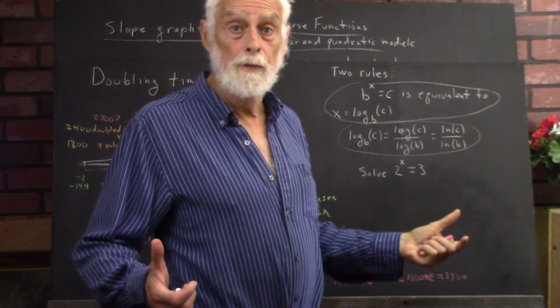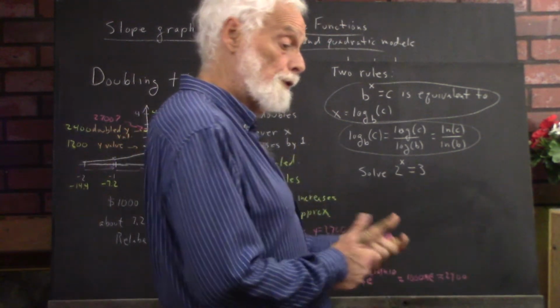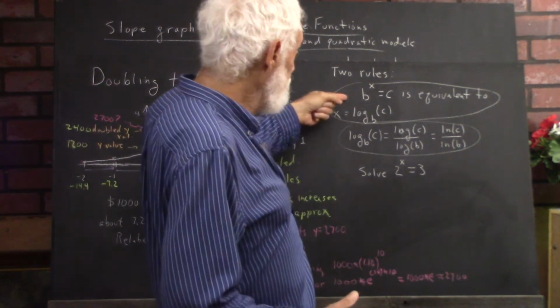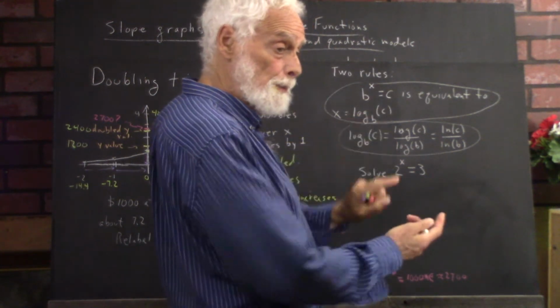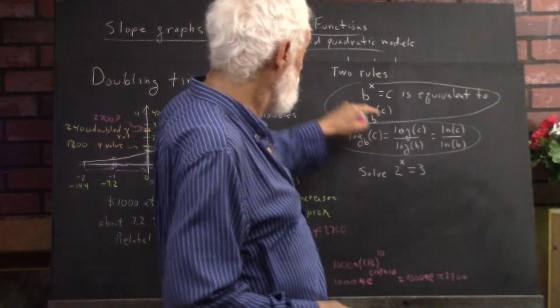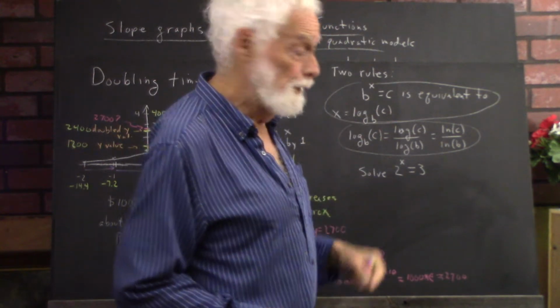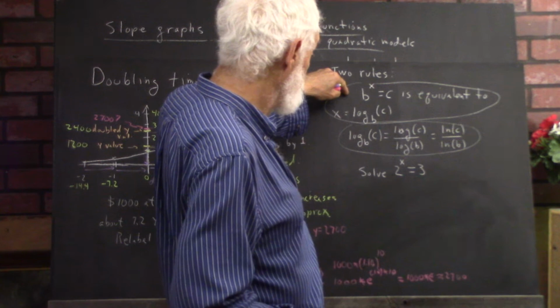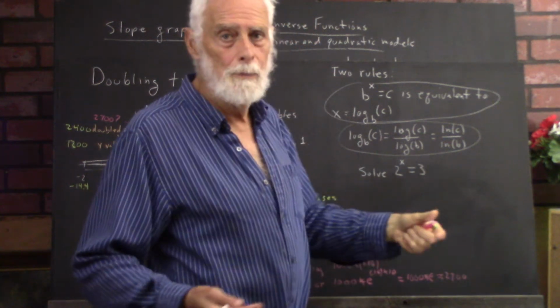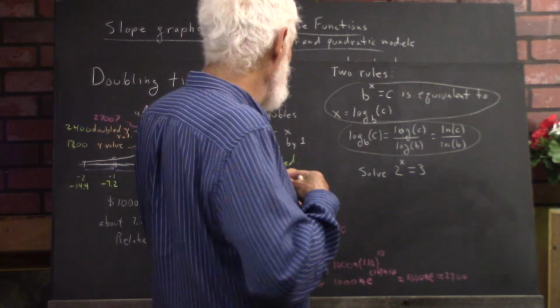That's just the inverse function relationship. That's exactly what has to happen if you get the log base b function by reversing the columns of the b to the x function. So, that's a rule. And if we had more time, we would develop these rules in a little more detail.